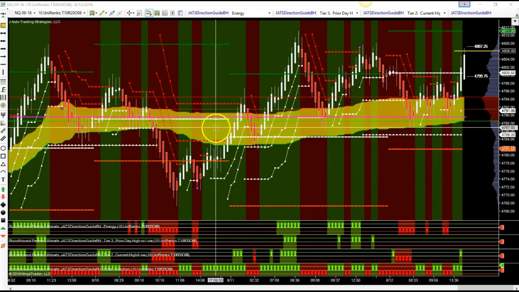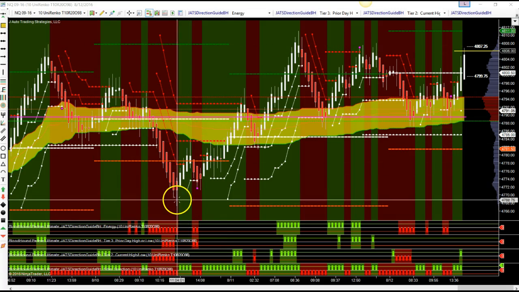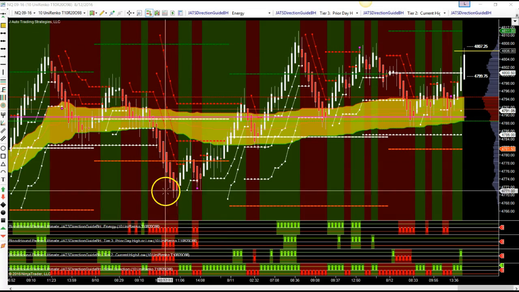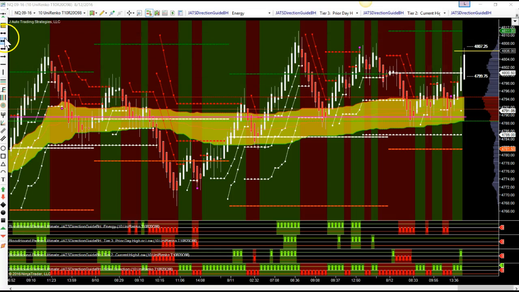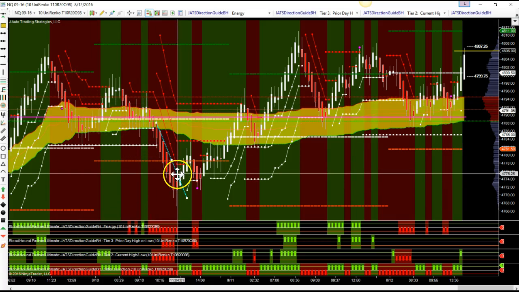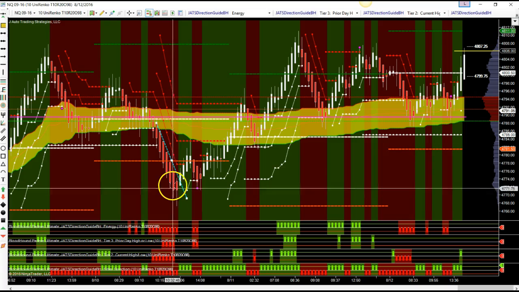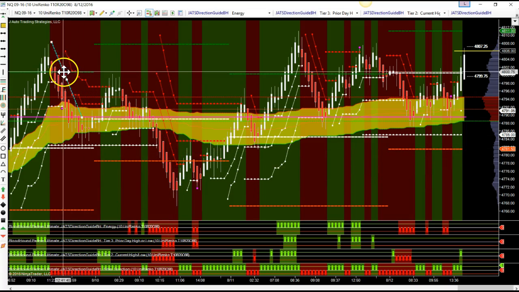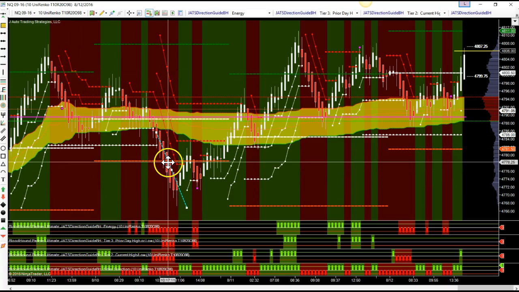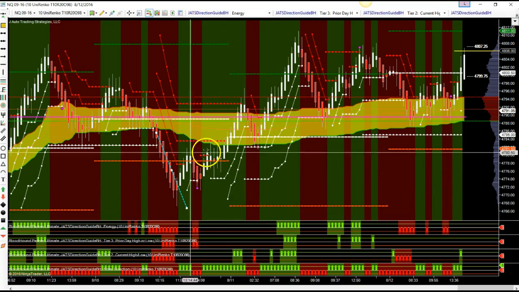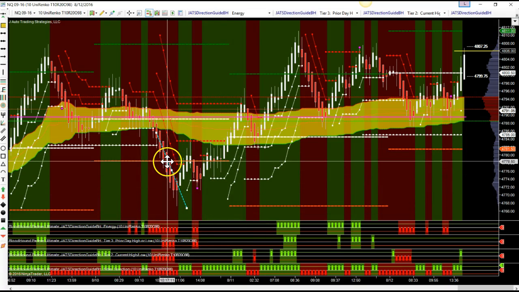So if you know where your central part of your range is, then you know how many standard deviations price has been trading from the middle. So you can take a guesstimate of how far price is going to move by these measured moves from the middle of the market to the edge of the range. And that's where you can expect the rotation.